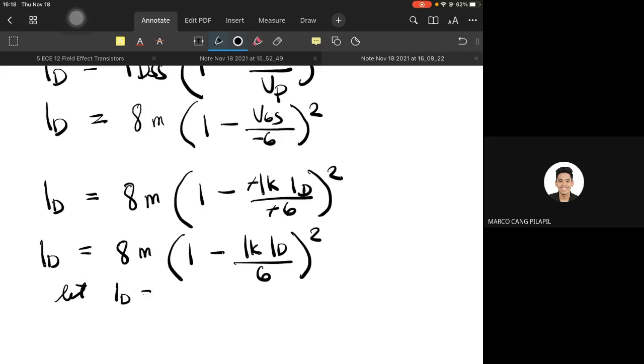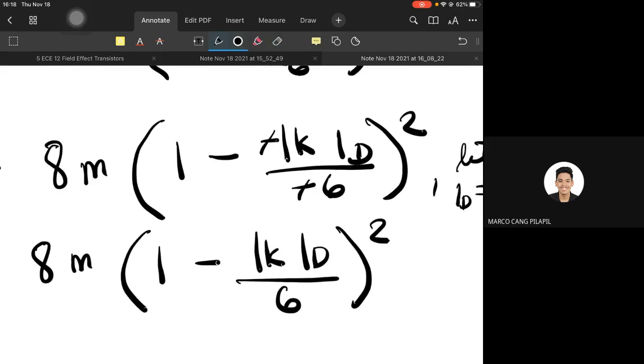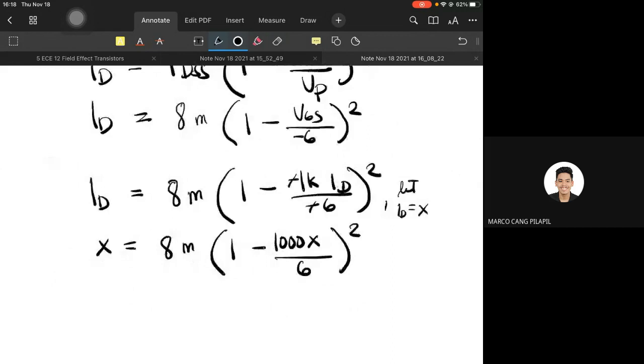Let ID equal to X, so we solve for X. 1,000 times X is 1,000x. And 8 milli is 0.008.